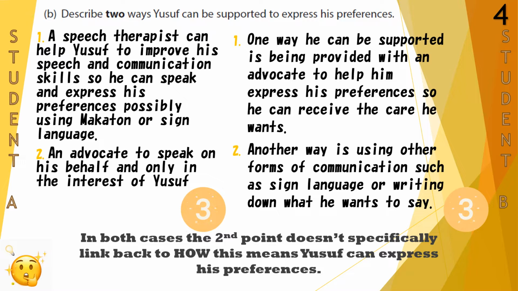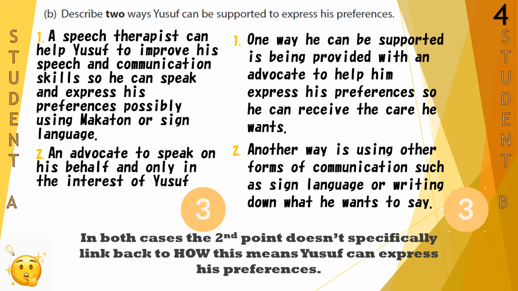My feeling as to why they both dropped a mark comes from their second arguments, where they don't really come back to how this could help Yusuf express his preferences. Student B does say it helps him write down what he wants to say, and the advocate, they say speak on behalf, whereas in their first points, they both mention the word preferences, help him express his preferences.